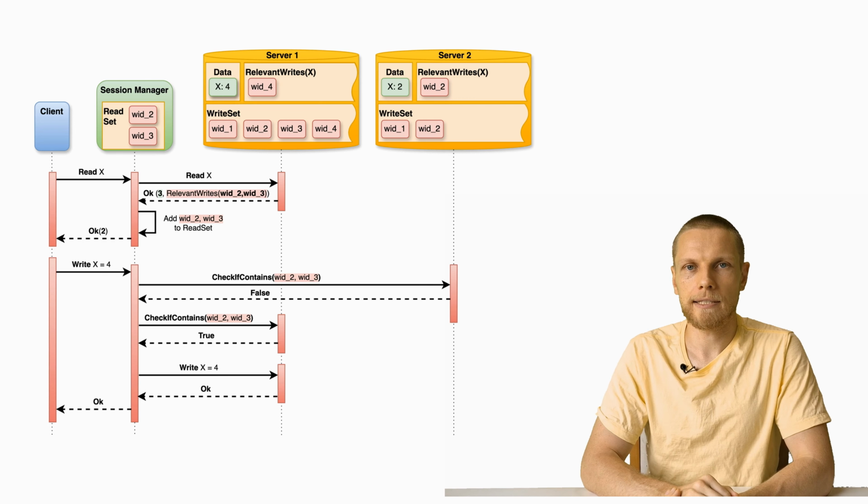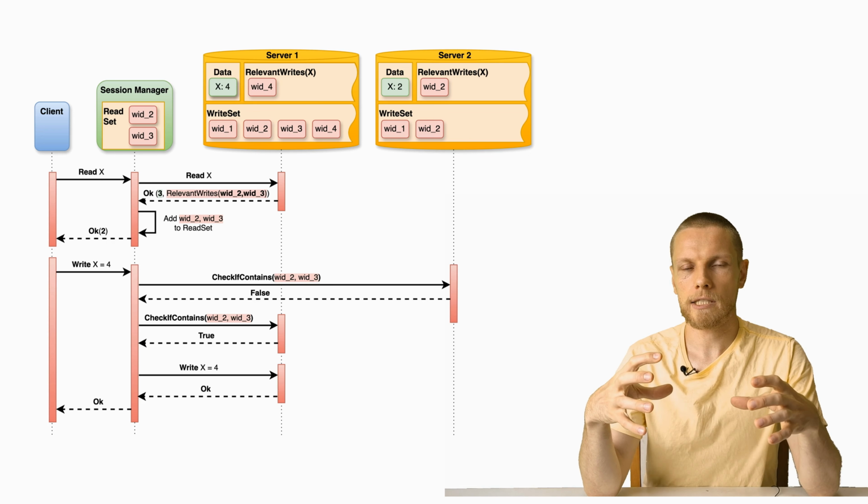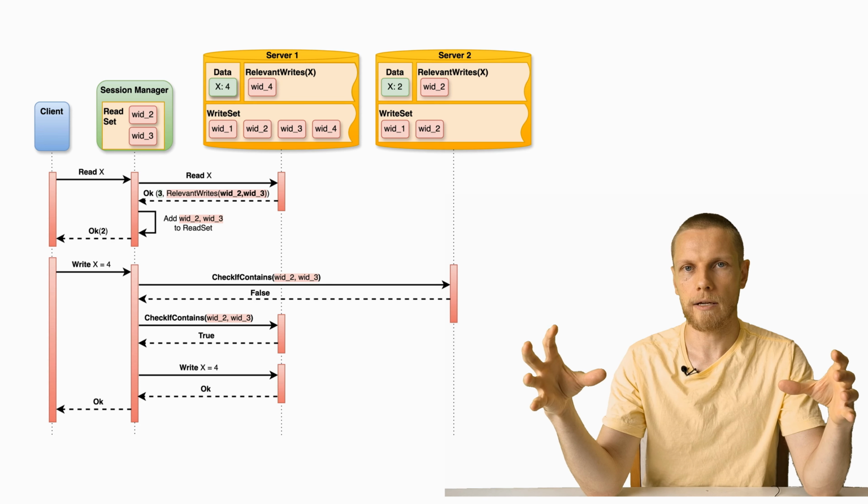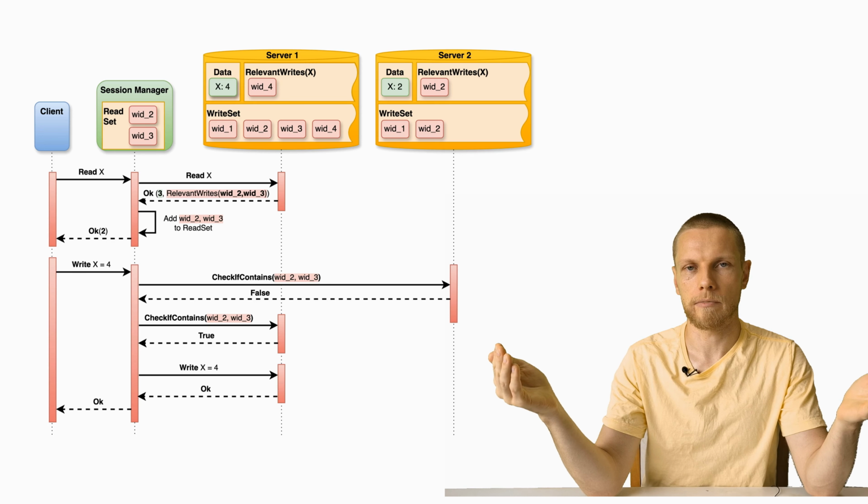In practice, it's not really feasible to do because those sets will grow with time in any real system, and at some point we will just not be able to use this method at all.